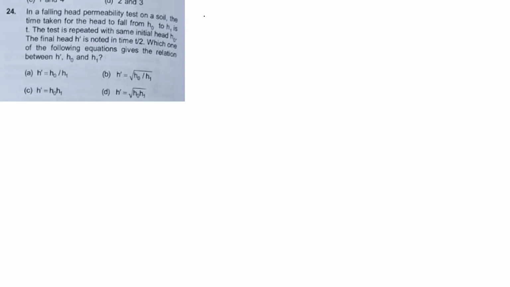Okay, so in the case of falling head permeability test, the value of K will be determined by this formula: K is equal to L, the length of soil sample, into a, the cross-section area of the standpipe, divided by time into A, the cross-section area of soil sample, and ln H by H1. So what is a?